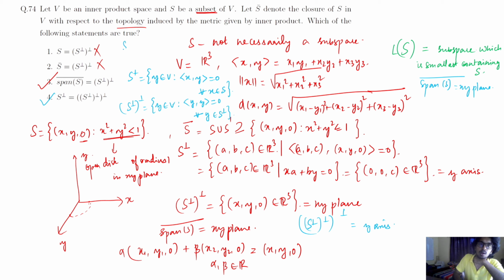Okay, and what is S complement, whole complement? It is the collection of points in V such that the inner product x comma y is 0 for all x in S complement.